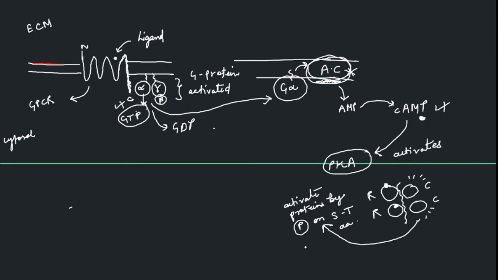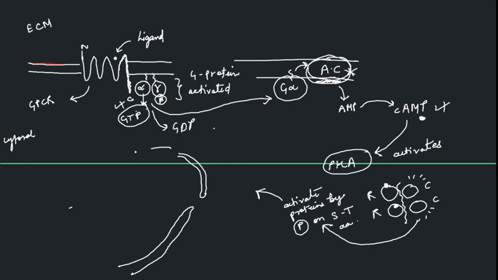Okay, so it activates a protein by phosphorylating it on its serine threonine amino acid residues, and one such type of protein is present inside the nucleus.